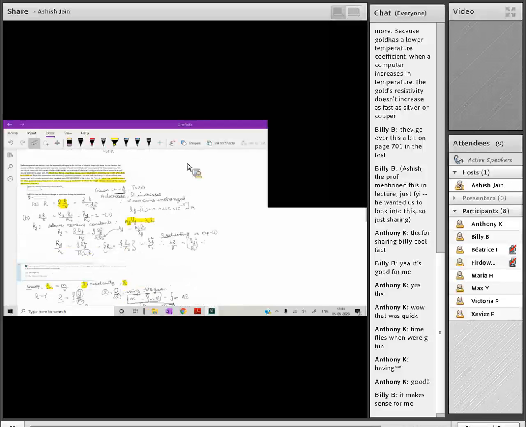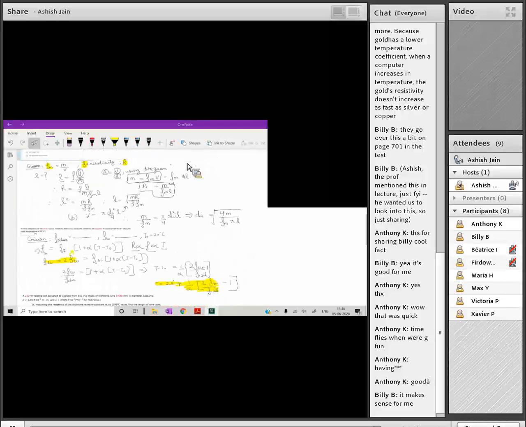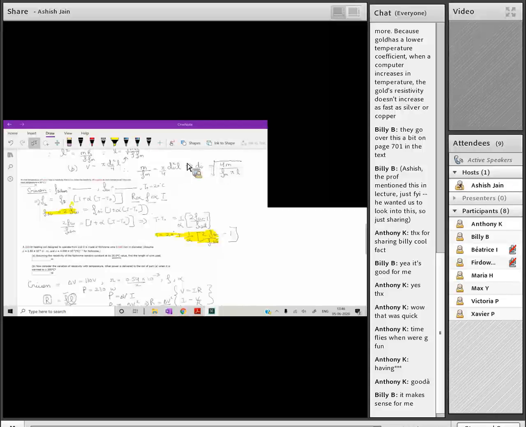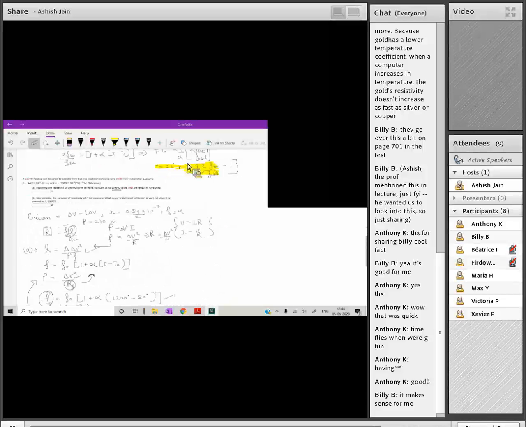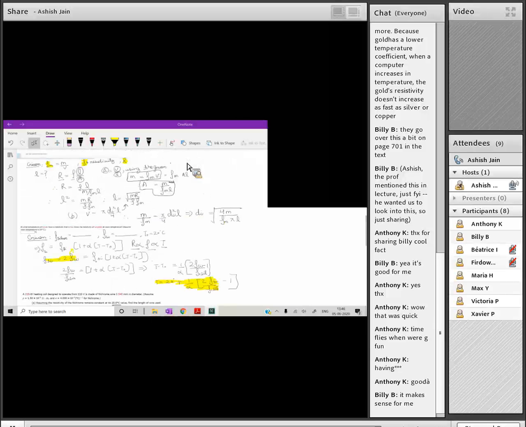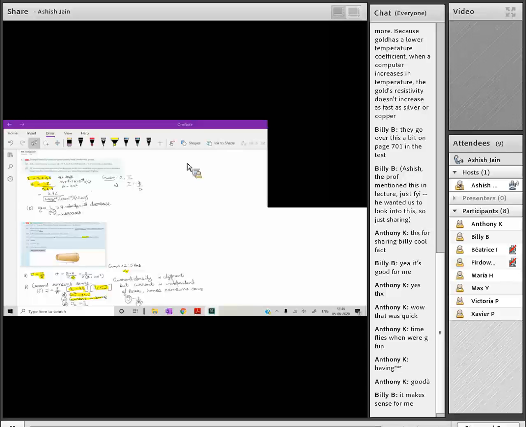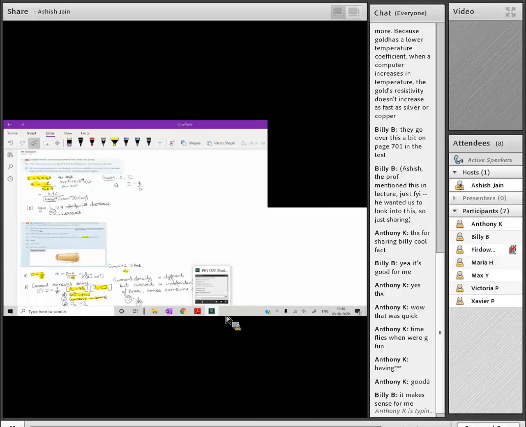I covered currents that vary with time, that is continuous current distributions. Then I covered the variation of resistivity with temperature and the variation of current with power, a wire carrying certain power, and we covered that part of the syllabus as well. So that is it for today.